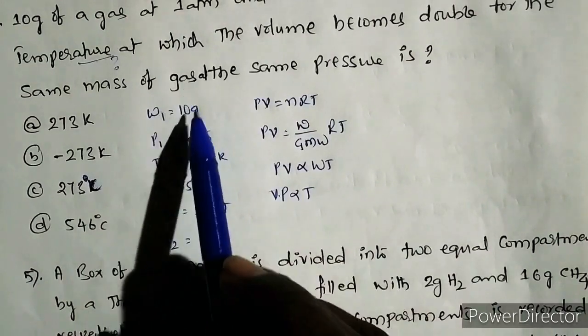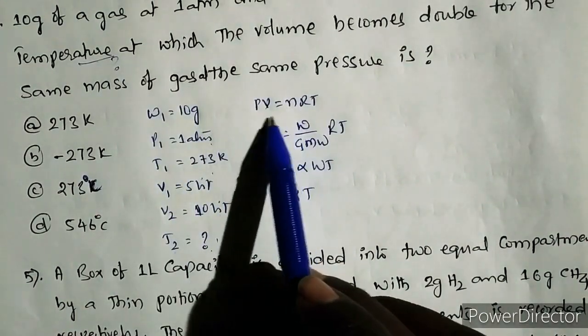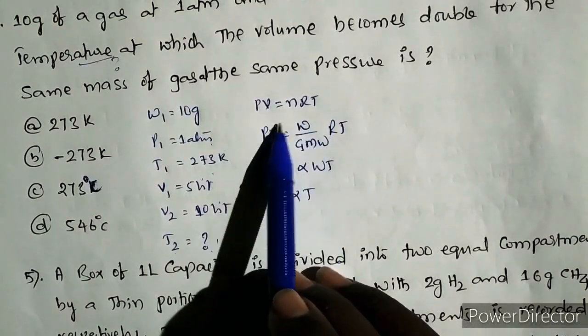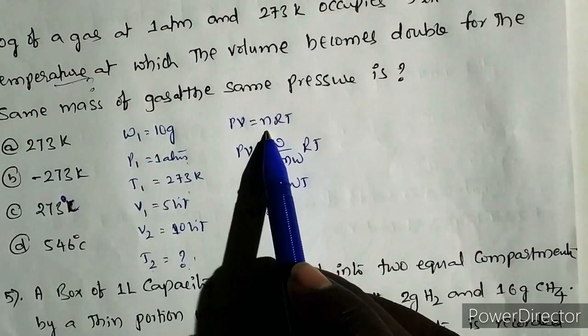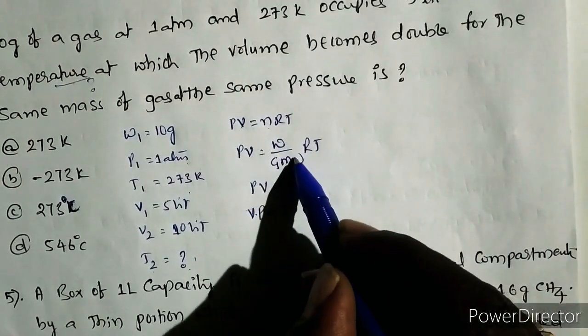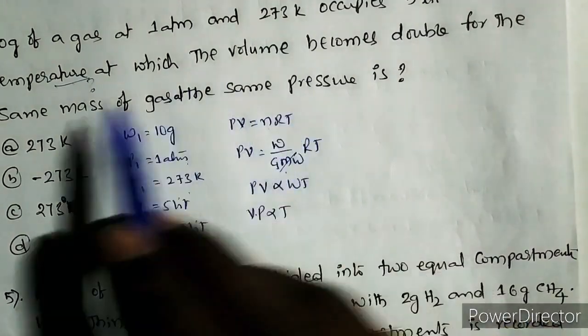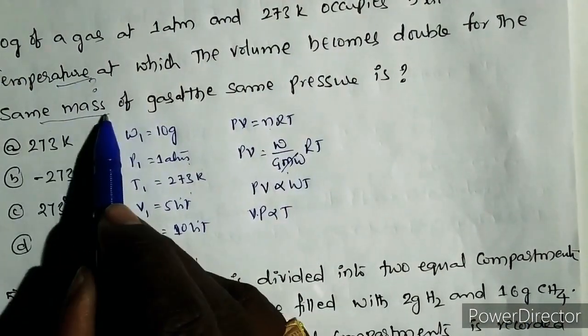Okay, what is the data given? I have written here as it is. Now T2 you have to find. Now from the ideal gas equation, PV is equal to nRT, and they are talking about weights. So I'll take number of moles as weight by molecular weight. Now molecular weight you have nothing to do with this, and same 10 grams, and they are also mentioning same mass of the gas.